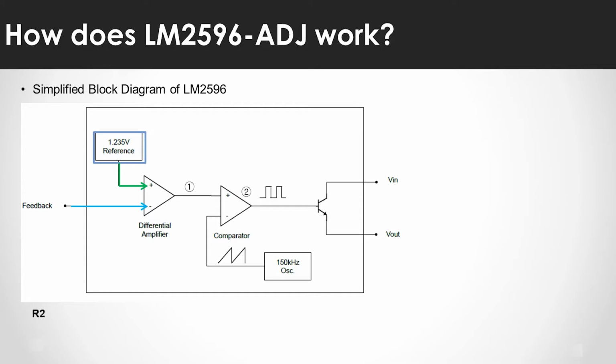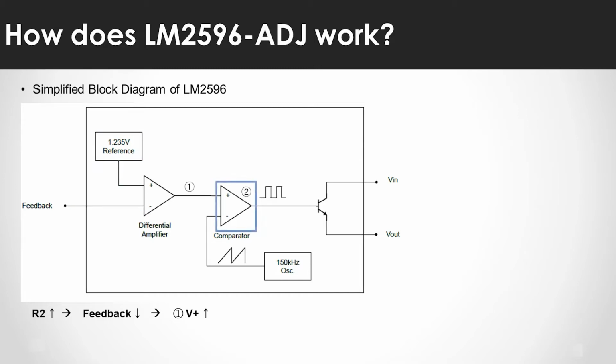So, when the value of R2 increases, the voltage applied to the feedback decreases. This will bring a rise in the output of the differential amplifier. Please note that the differential amplifier is an amplifier that amplifies the voltage difference between the positive and negative ports. That is, the voltage difference between feedback and internal 1.235 volts reference will be amplified by the differential amplifier.